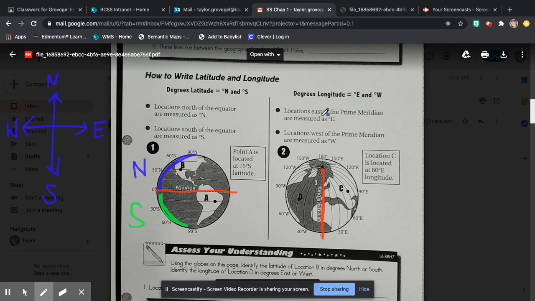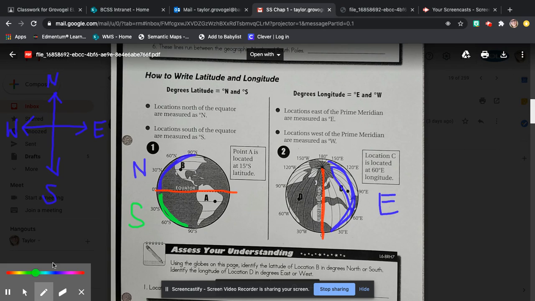So locations east of the prime meridian are measured as E. So if we look at our compass rose over here, all of these here are east. I know I'm doing a great job staying on the lines here, guys. All right, so now it says locations west of the prime meridian are measured as west.